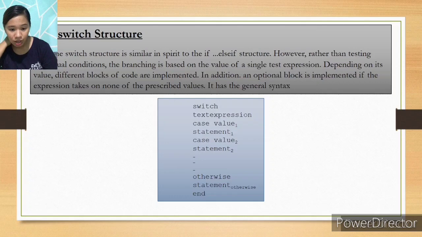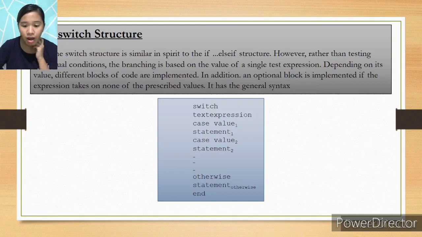So next we have the switch structure. The switch structure is similar in spirit to the if-else structure. However, rather than testing individual conditions, the branching is based on the value of a single test expression. Depending on its value, different blocks of code are implemented.